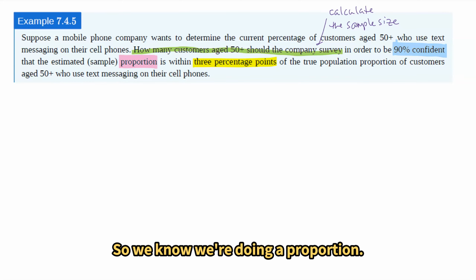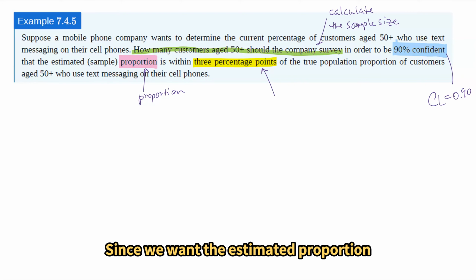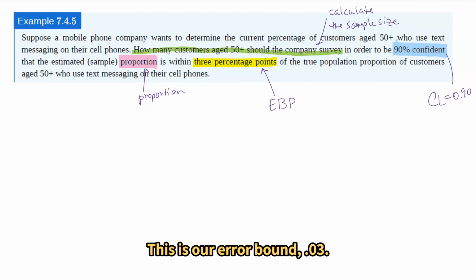So we know we're doing a proportion. We have a 90% confidence level. And since we want the estimated proportion to be within 3 percentage points, this is our error bound, 0.03.